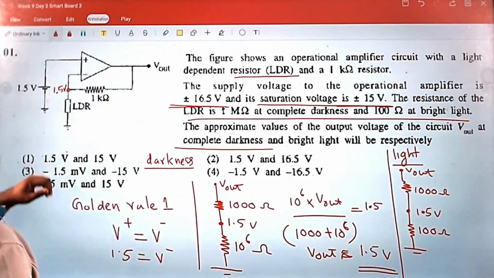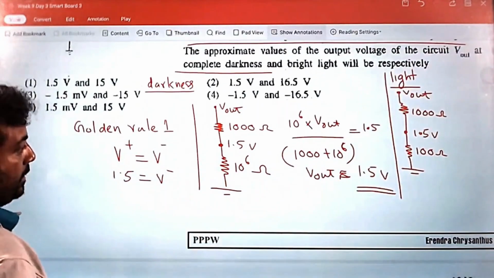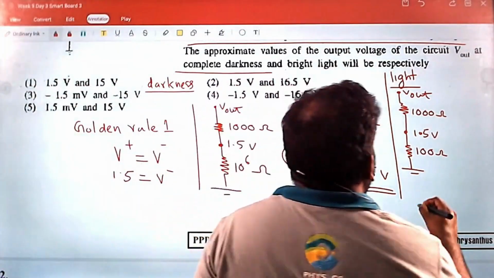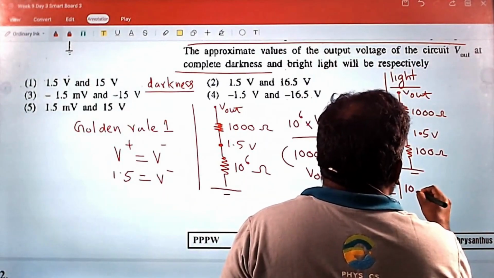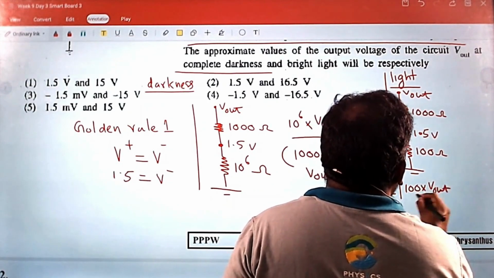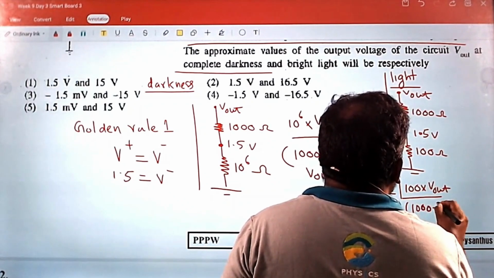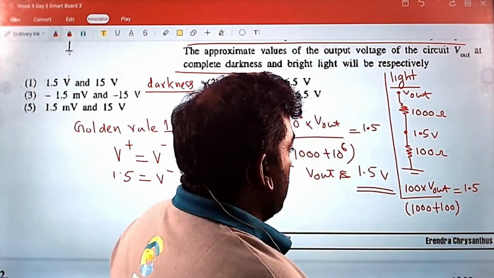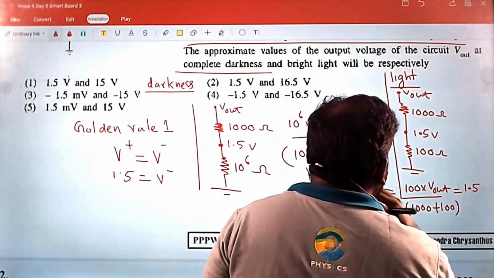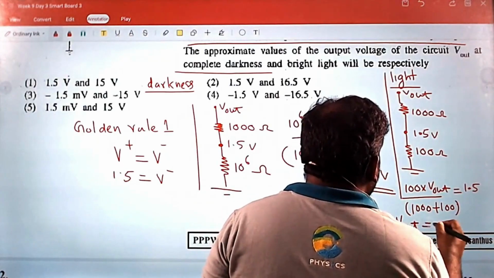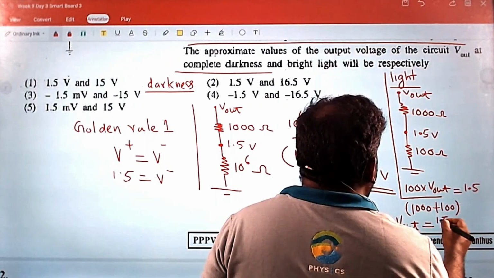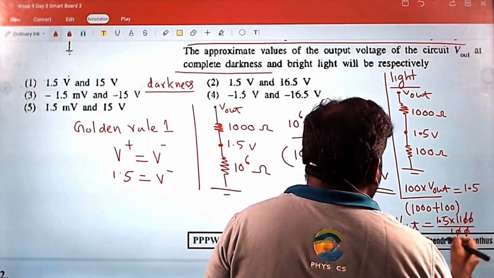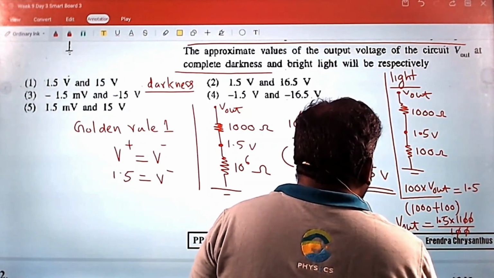If you simplify this, you can easily get 100 into output voltage divided by 1000 plus 100 is 1.5. So 1100 times output voltage, 1100 multiplied by 1.5 divided by 100, 2020.